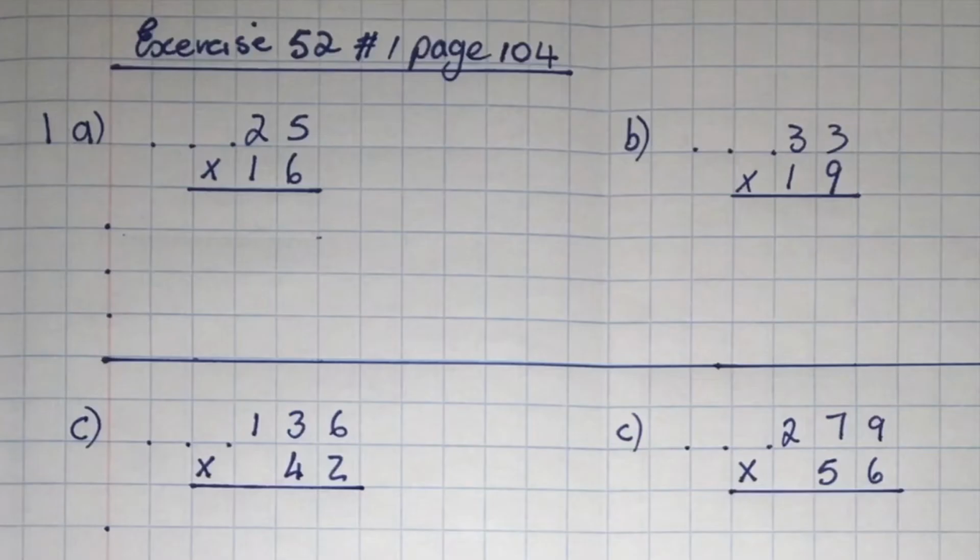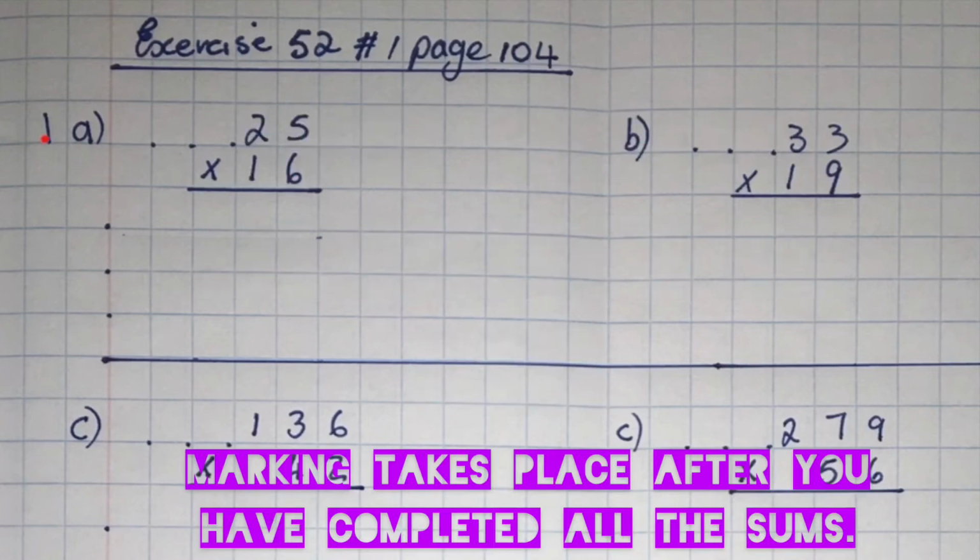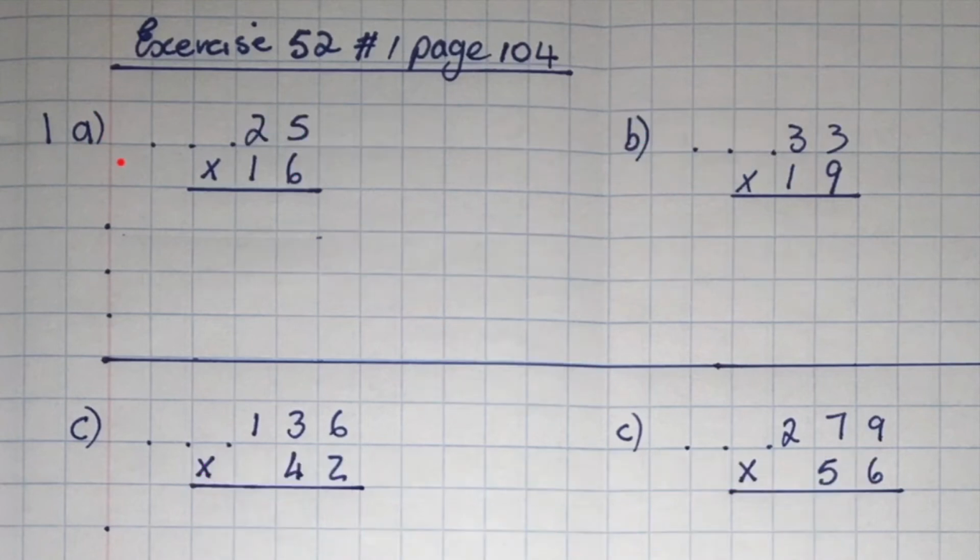Now that we've finished the examples, let's get on with the exercise. Please write down exercise 52 number 1, page 104. Skip a line and write 1A. Skip 3 blocks and write 25 times 16. Then in line with A, write B, skip 3 blocks and write 33 times 19.